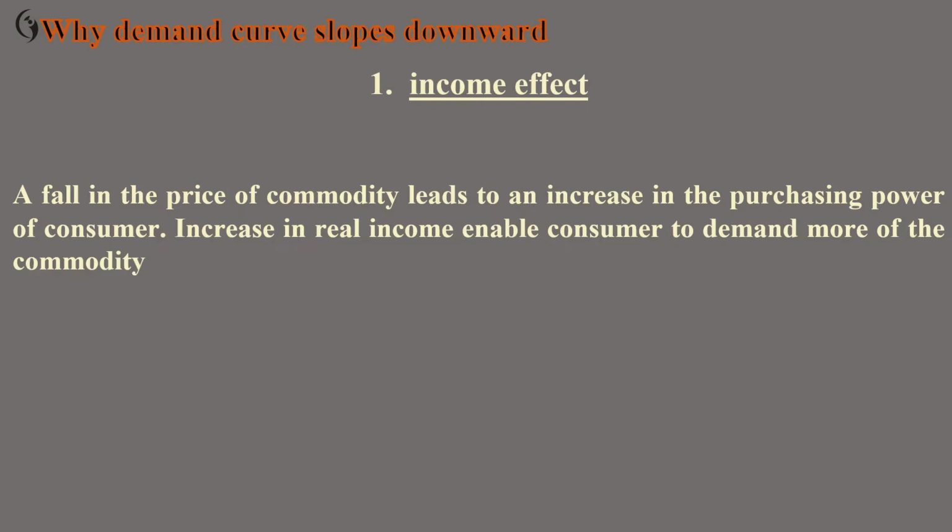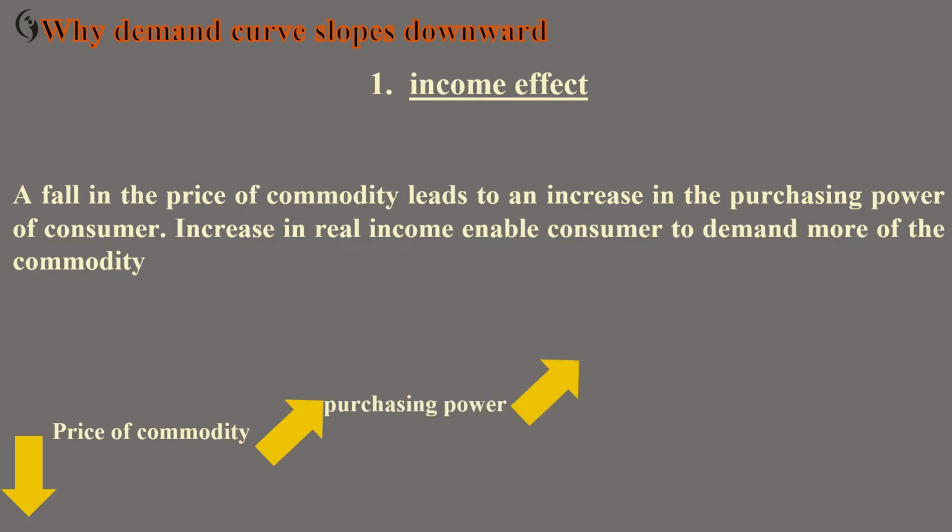That means the consumer feels he has become rich, so it will lead to an increase in demand. That means increasing the real income. The consumer feels richer now, so it leads to demanding more.